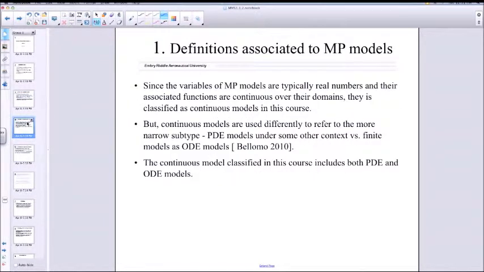Basically, it focuses mostly on physical science objects, which is why it's called a mathematical physics model. Specifically, most of those models are either partial differential equations or ordinary differential equations. Of course, it also includes algebraic systems, like what we talked about, the Leslie matrix.